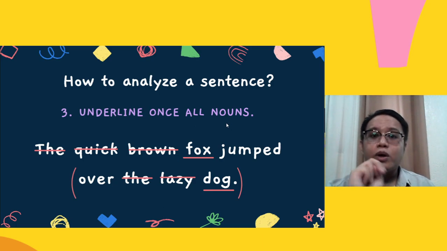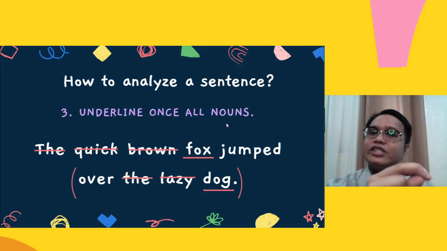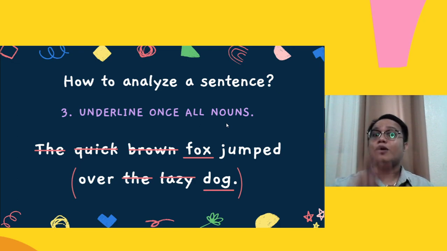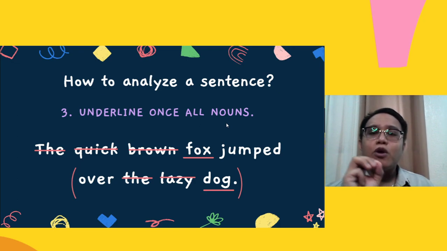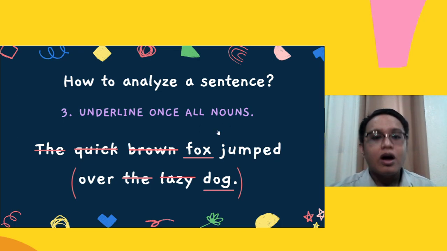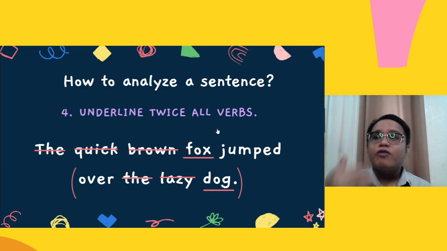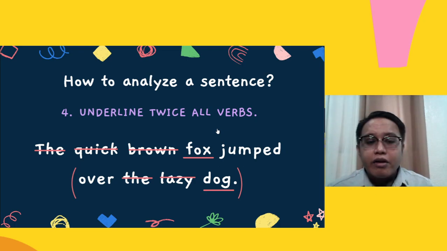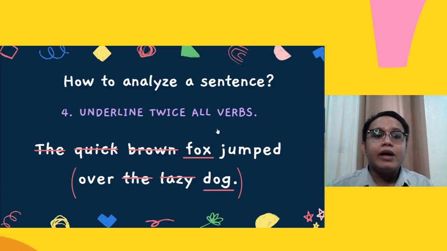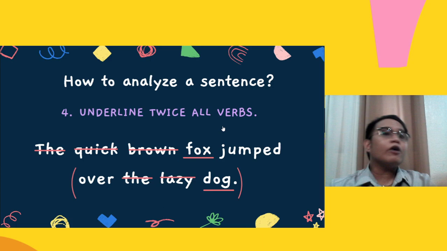Number 2, we cross out all adjectives and adverbs in the sentence. Number 3, we underline once all nouns. And number 4, underline twice all verbs. If you see a verb in the sentence, underline it twice. What is our verb here? Very good. Our verb here is jumped. So, this is how your analysis will be.